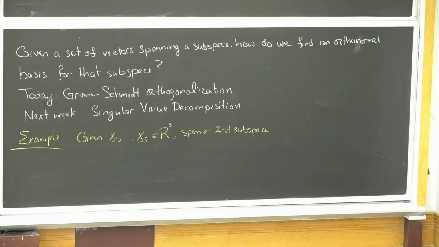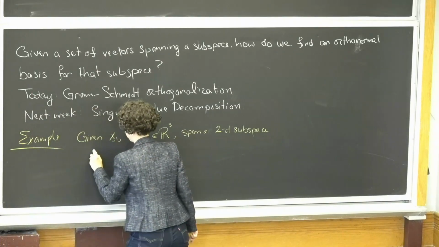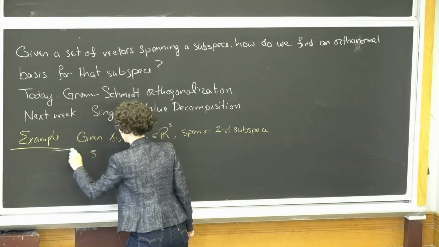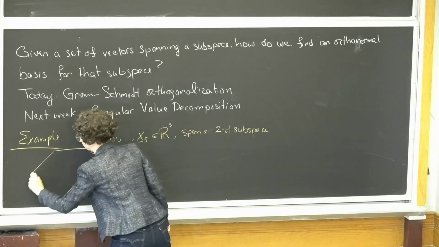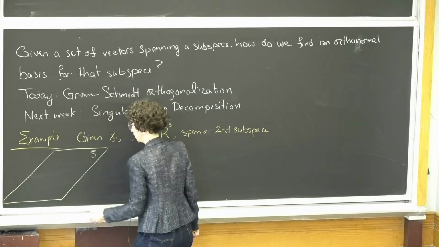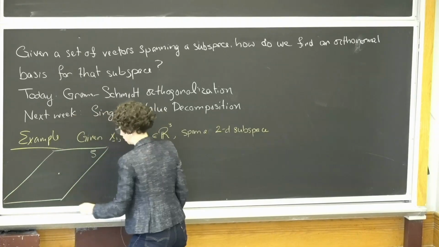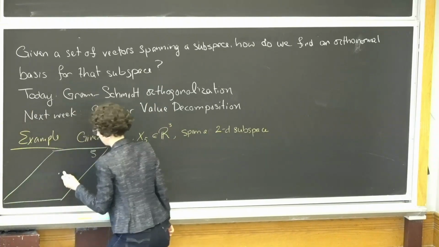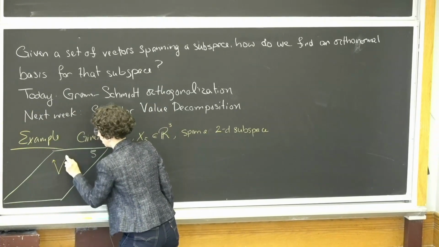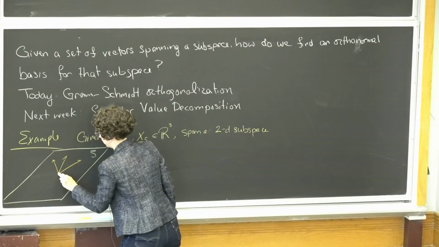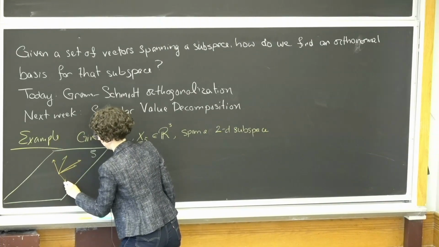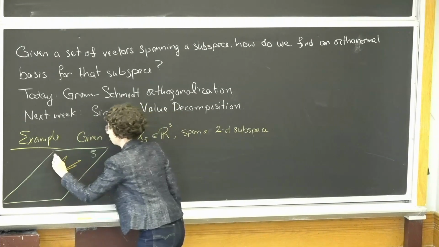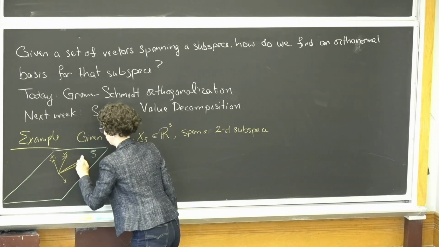And so if I try to make a drawing here, we imagine that we have a subspace S, and I'm going to draw it as a plane here. And right in the middle is my origin. And then I'm going to have 5 different vectors lying within this 2D subspace. Okay, so here we've got x1, x2.